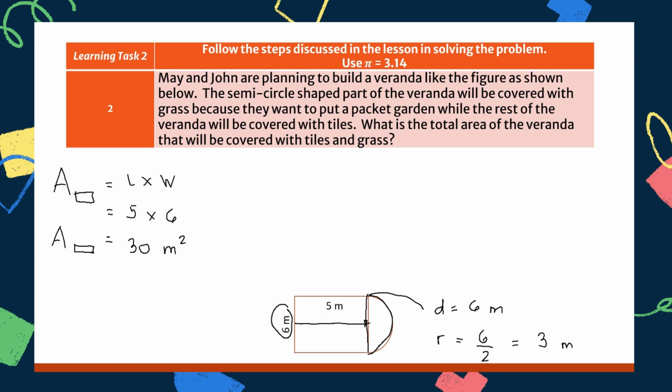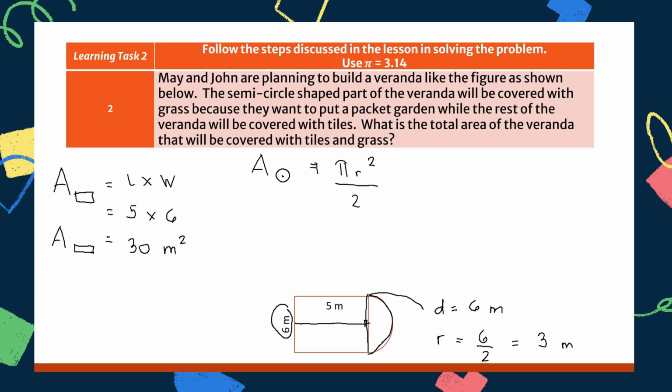Now, alam na natin ang radius ng semicircle. So, kukunin natin ngayon ang area nitong semicircle. Sabi natin, kung ang area of a circle ay pi r squared, i-divide lang natin sa 2.